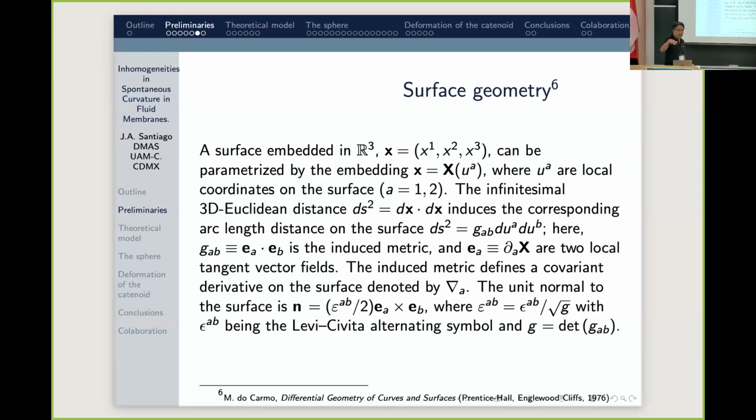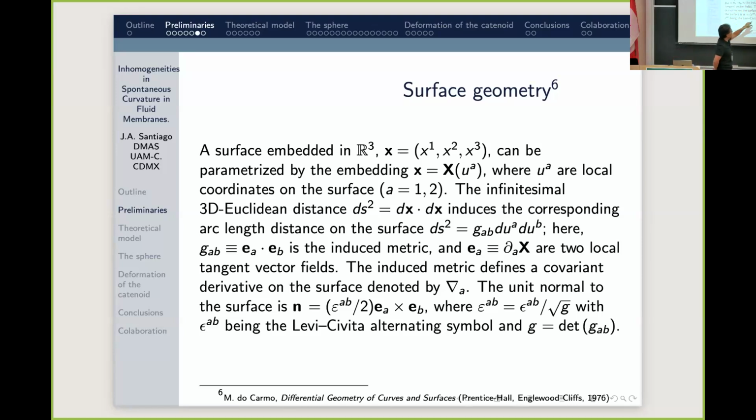That is because in the mesoscopic scale, we can describe the membrane by a surface embedded in the three-dimensional space. Then we have the equation of the membrane. U are the parameters of the membrane, the internal parameters, and the 3D Euclidean space induces a metric on the surface.